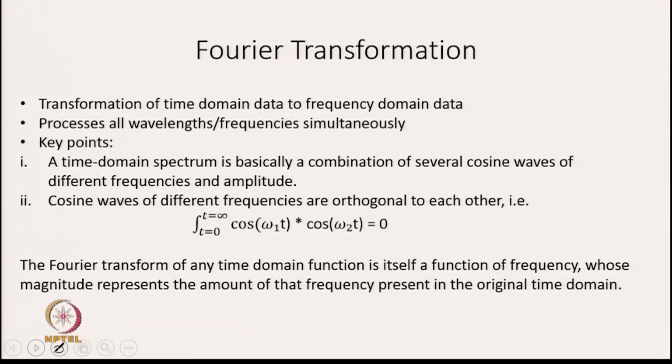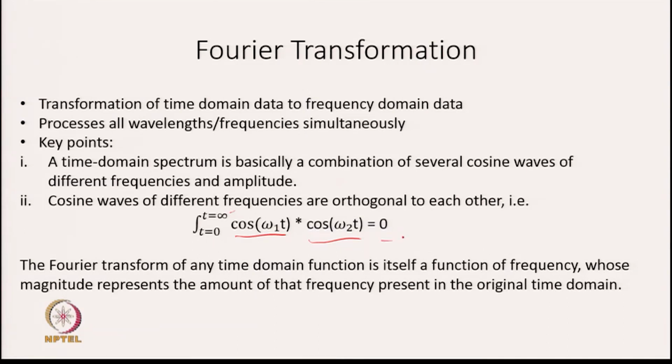What I mean is that if you take a cosine wave of frequency W1 and multiply it by a cosine wave of frequency W2, and then add up from t equal to 0 to t equal to infinity, you should get a value of 0.